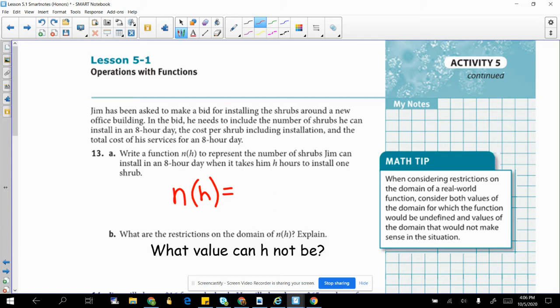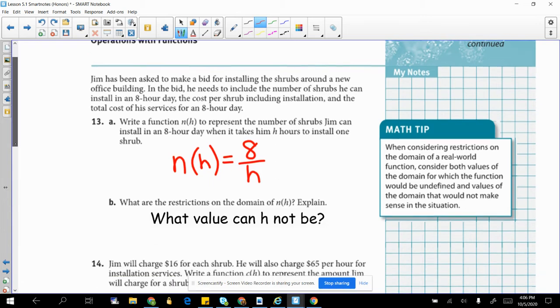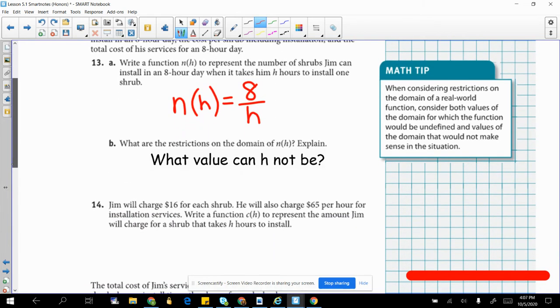So you would do 8 divided by 2 hours to figure out how many shrubs you could put in a day, which would be 4. So in this case, we know n of h has to be 8 divided by h because we don't know how many hours it takes him to install one shrub. I was just doing that example of using 2.